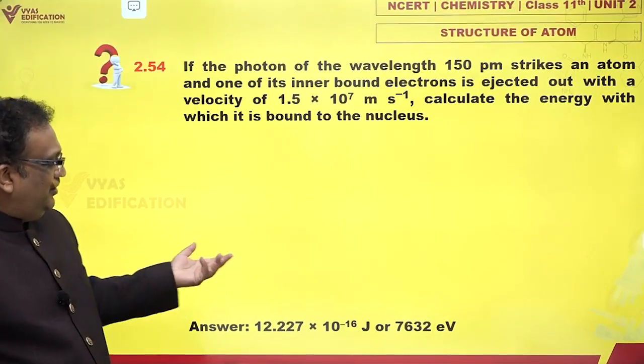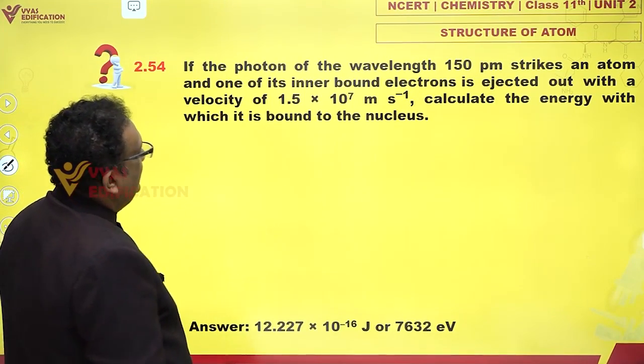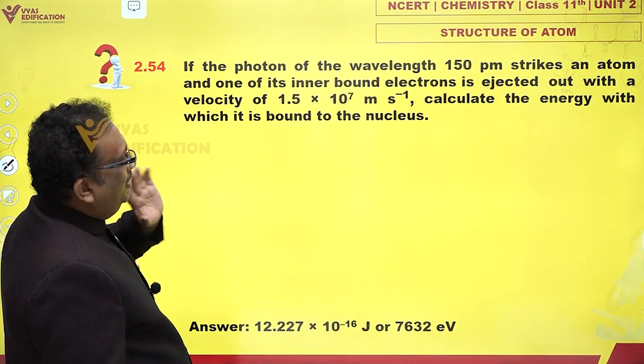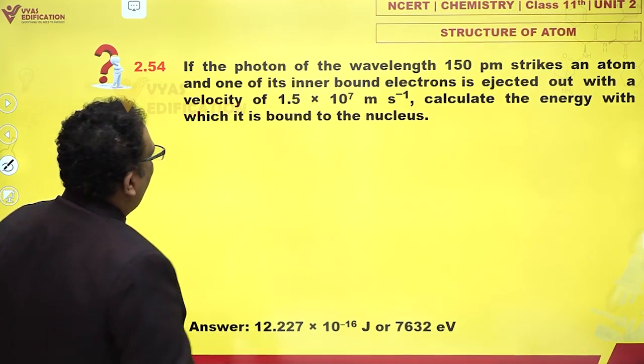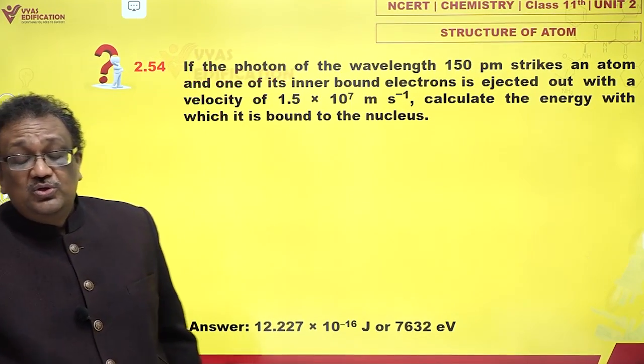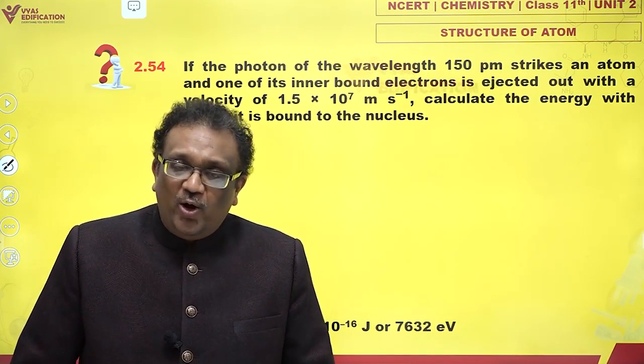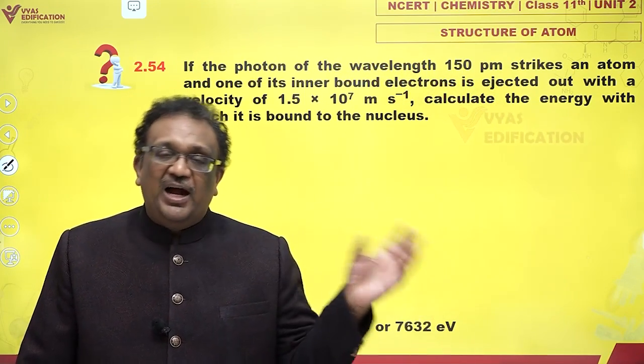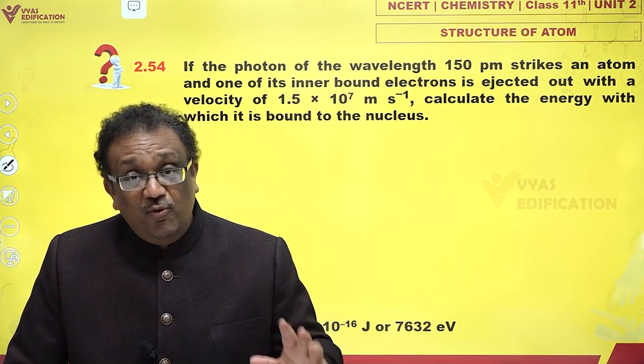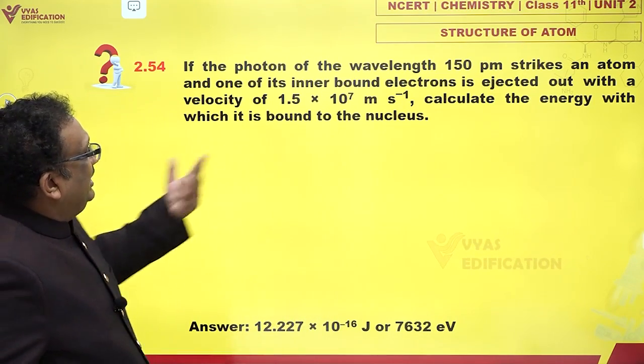How do I do that? Let me do that for you. First of all, let's calculate them one by one. Units you can choose, will it be electron volts or joules? I prefer an atomic scale. If you're dealing with atoms, molecules, photons, electron volts is a much more convenient unit. We can take that.